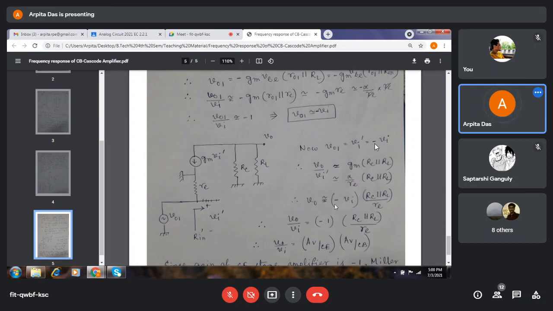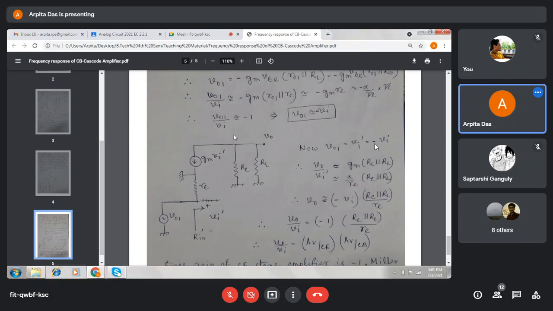Sorry, again, we take the ratio of VO by VI, and it is then minus 1, and the resistance ratio here. Now, this minus 1 is actually the gain of this CD amplifier stage, and this resistance ratio is actually the gain of this CE amplifier stage.